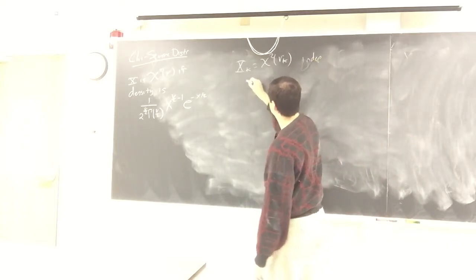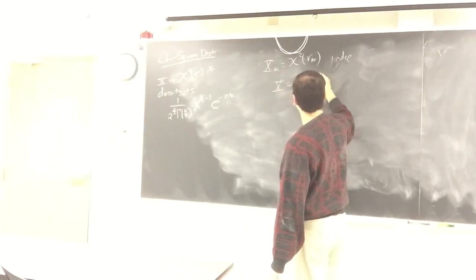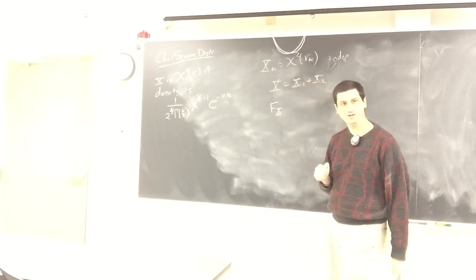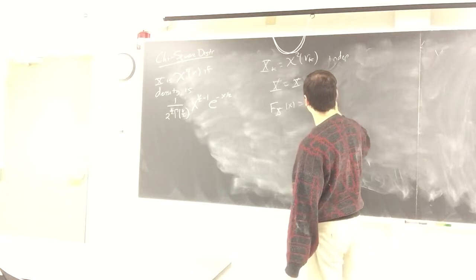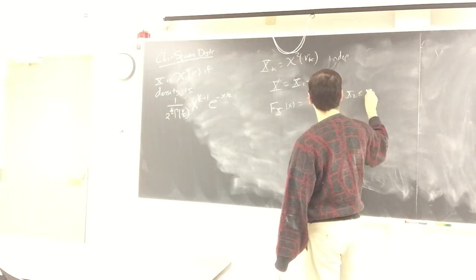So the way this works is let's let x be x1 plus x2. Then the cumulative distribution function for their sum is just the probability that x1 plus x2 is at most x.